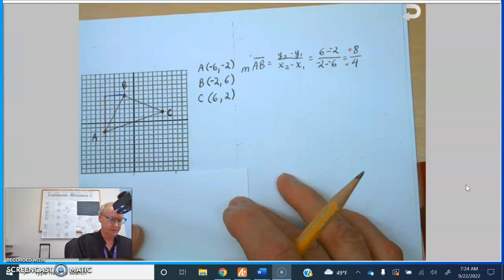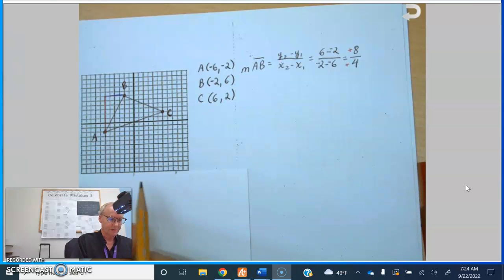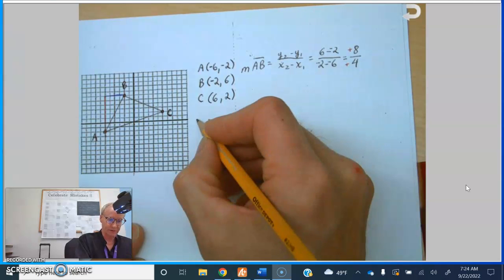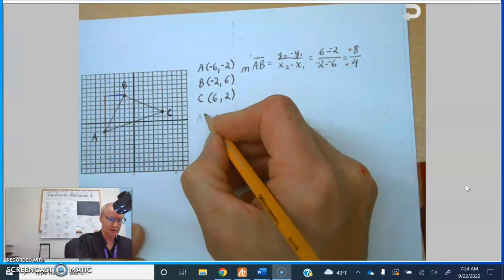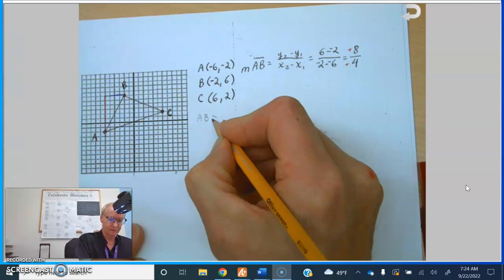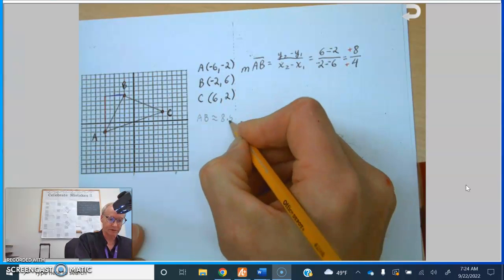I'm going to go ahead and start here this time, a little bit different. And this is going to be 1, 2, 3, 4, 5, 6, 7, 8, and it's between 8 and 9 units. So I'm going to say about 8.5. That means that my estimate for AB is going to be approximately 8.5 units.